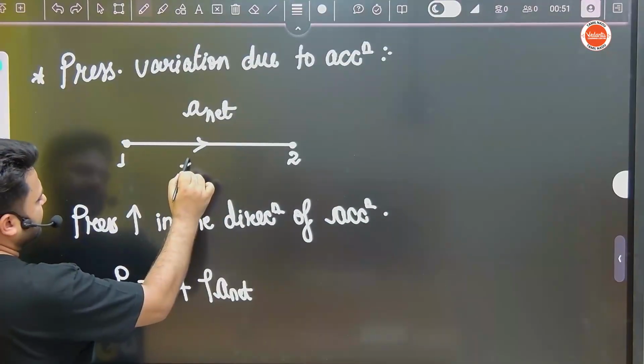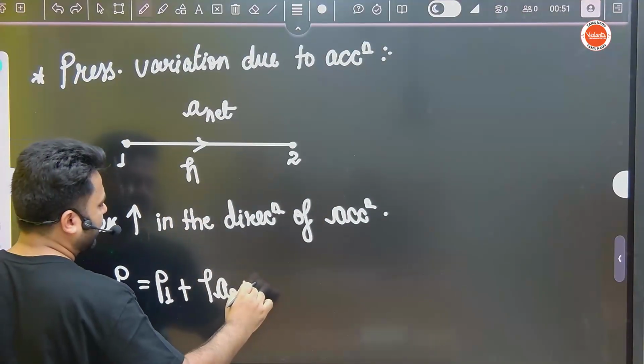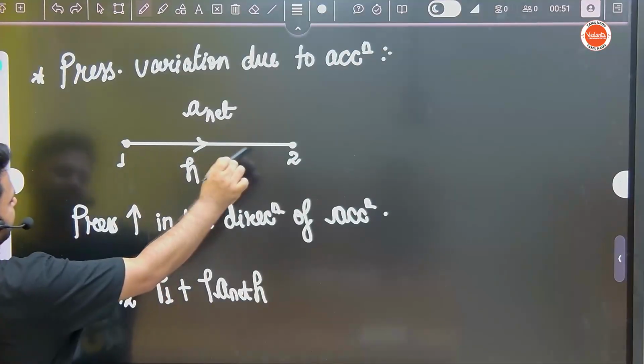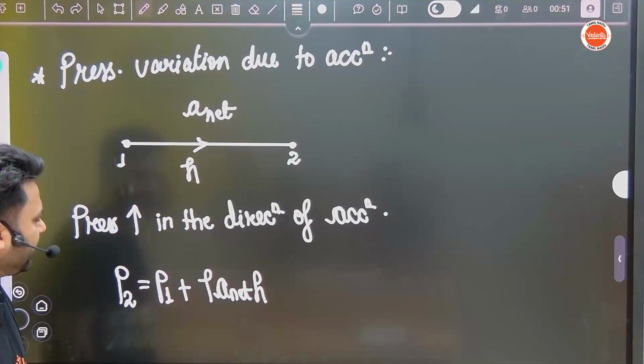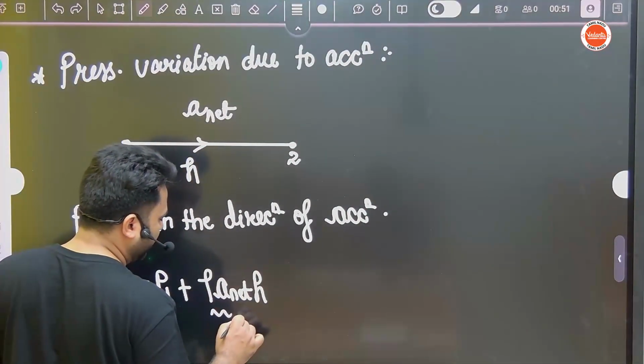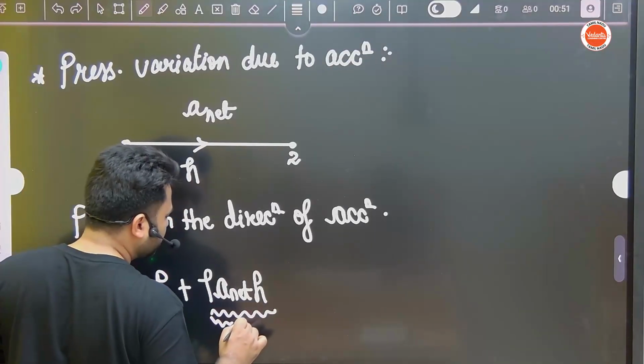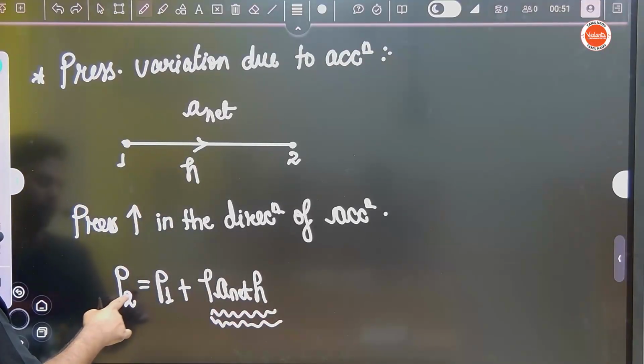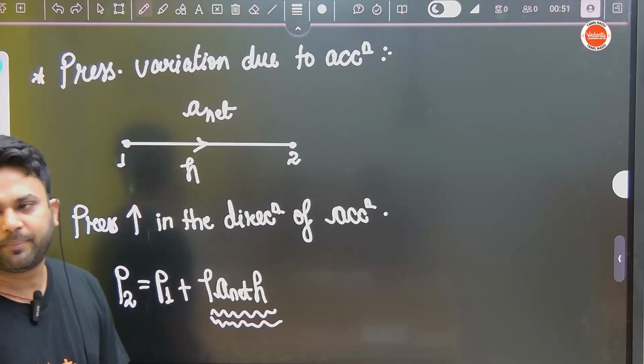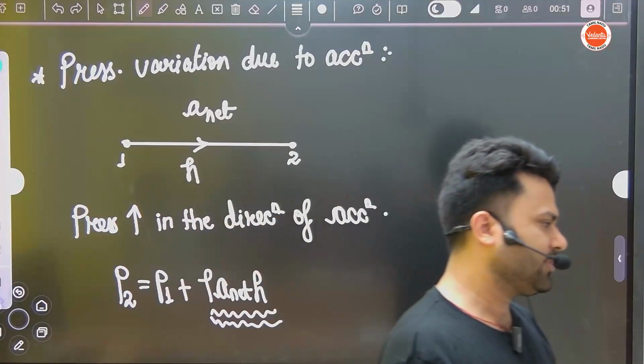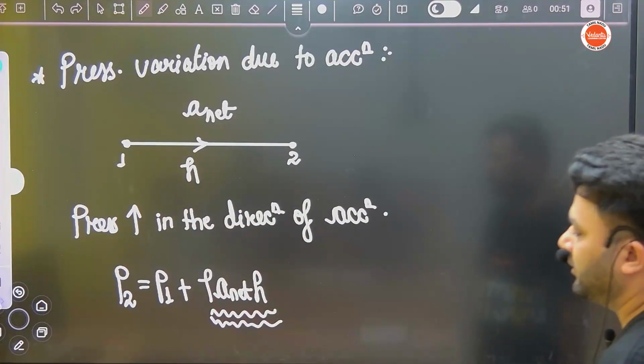Suppose this distance between point 1 and 2 I am writing h. So this much excess pressure we will have: pressure at point 2 equals pressure at point 1 plus rho A net h. Correct?